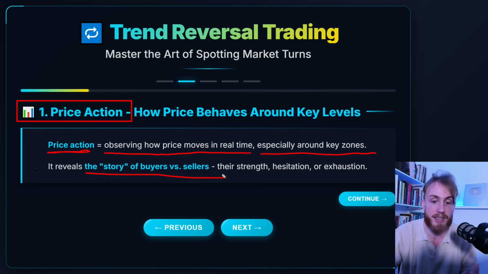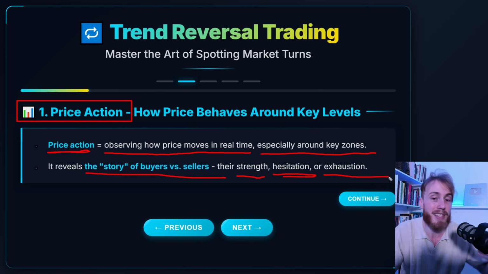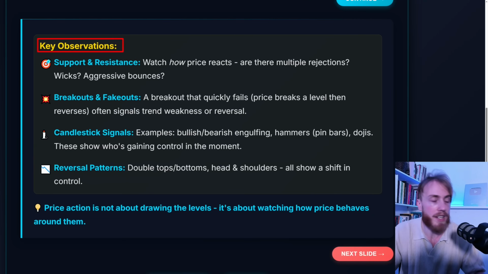So when we study price action, we study how strong or weak is a move. Do we see hesitation, or do we maybe see exhaustion? Your ability to understand price action is one of the most important concepts. So some key observations about price action is that you can, for example, study how the price reacts to support and resistance.